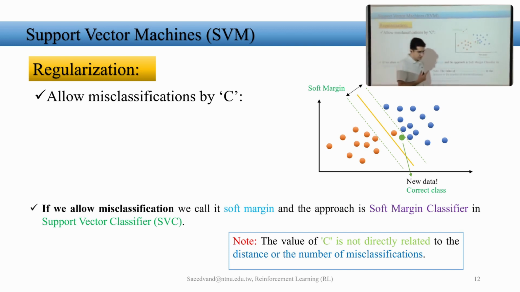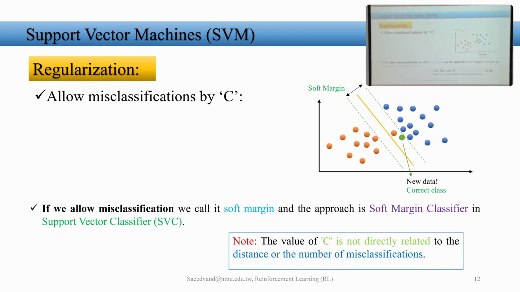The point is, sometimes I see students making a mistake, especially after the explanation of the equations for calculating the cost matrix and finding the hyperplane. We will see how we do that. They think that C is directly related to how many mistakes my classifier can have.